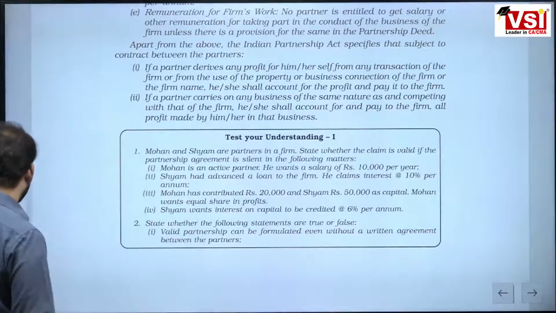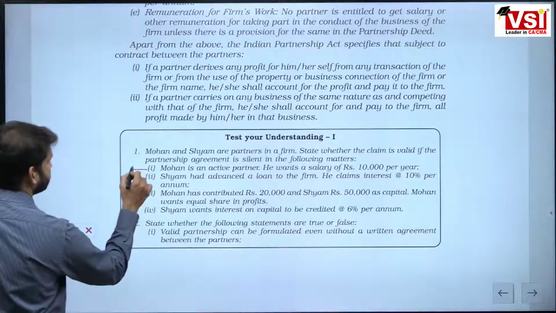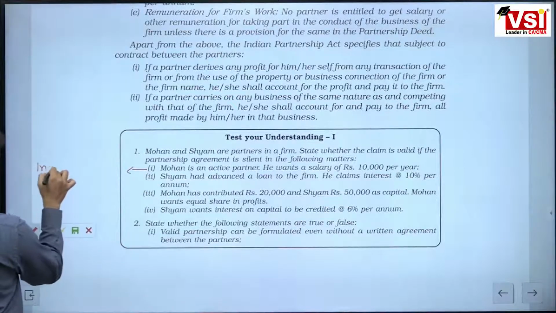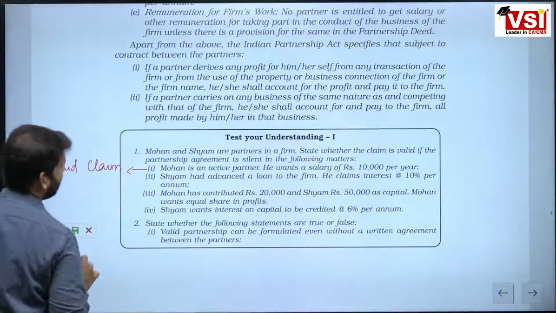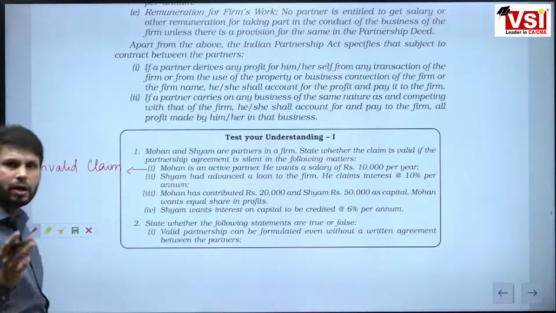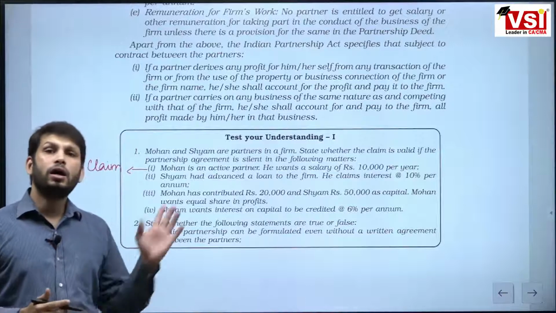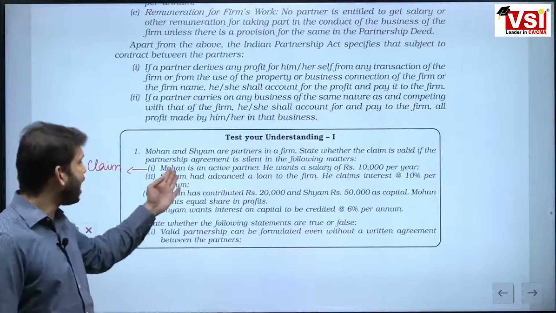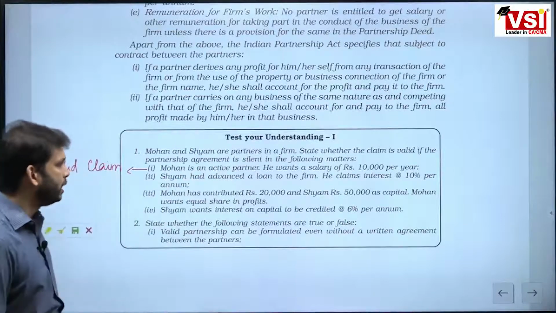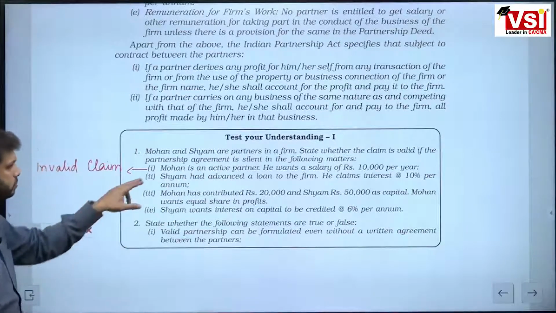So let's write down. Invalid claim. Why invalid claim? Because the rules in absence of partnership deed specifically state that no remuneration will be provided. We can write it down.